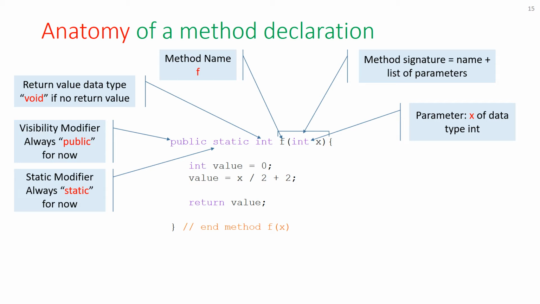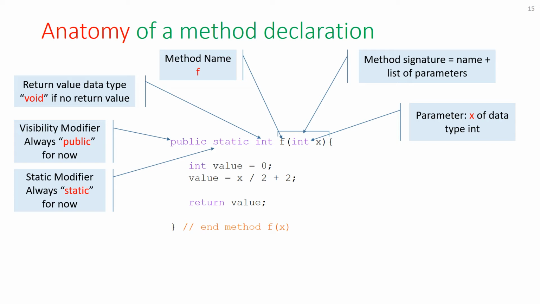So what we do is we refer to the name of the method plus the list of all the parameters and their data types as the method signature. So when I have two methods that have the same name, their signatures should be different. The name is going to be the same, but maybe they have a different number of parameters or different types of parameters.